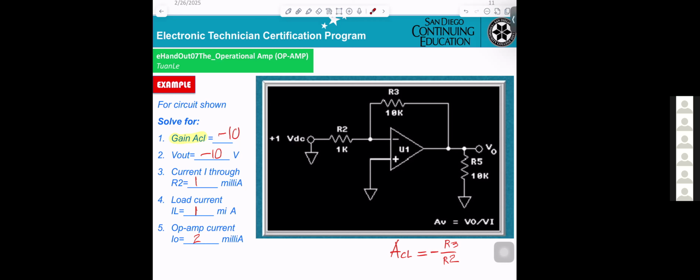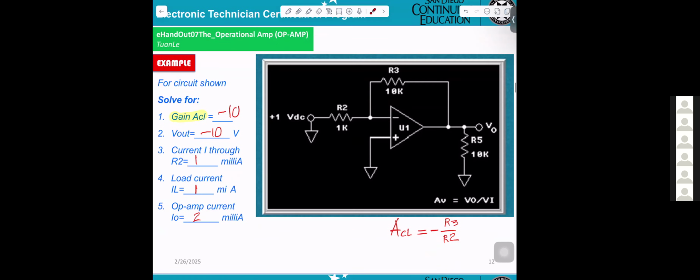If you want to calculate the current I through R2, you take the voltage 1 volt divided by 1 kilo ohm. That gives you current I. And the load current, that means you take the V out divided by R5. And finally, if you want to calculate the op-amp current, you add I and I load. Okay?